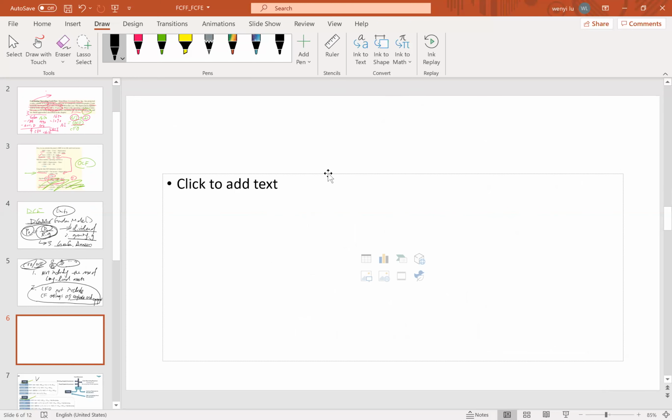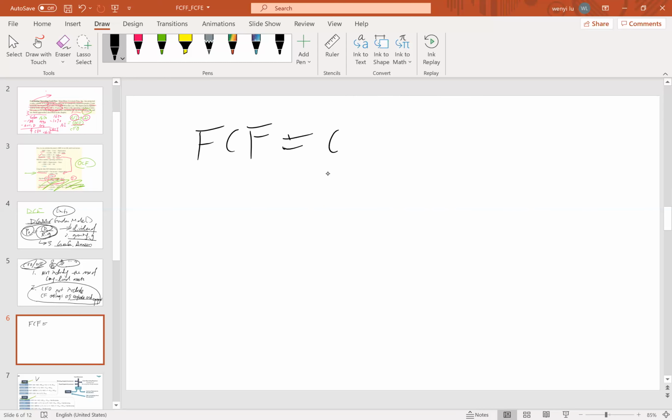So what is free cash flow? The free cash flow is the real cash flow the company can use after they have already spent the money on operating expenditures. So the free cash flow is equal to the cash flow from operations minus the capital expenditure.